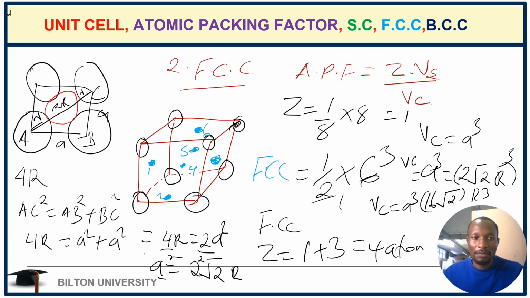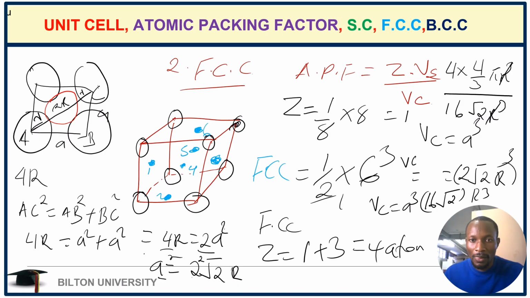So we can then substitute this to get the atomic packing factor, and in this case our Z is 4, so we're going to have 4 times 4 over 3 pi R cubed over 16 root 2 R cubed. This R cubed cancels R cubed.